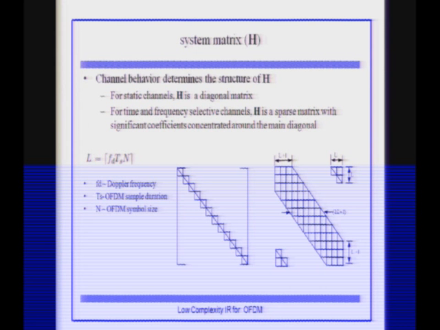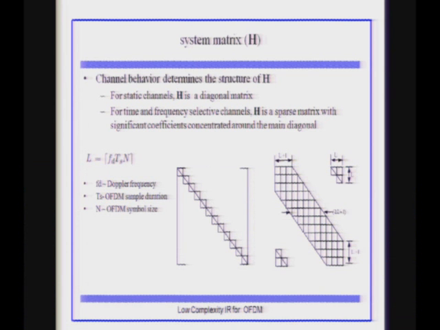Let us look at the property of this H, the circulant-like matrix. As we discussed, for static channels, H is a diagonal matrix. Then for time varying and frequency selective channels, H is a sparse matrix with significant coefficients concentrated around the main diagonal.